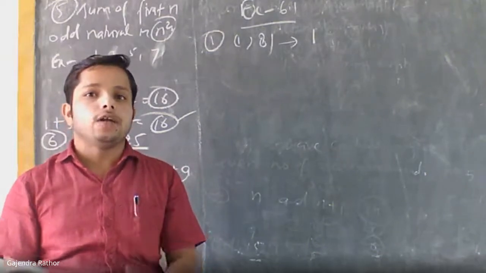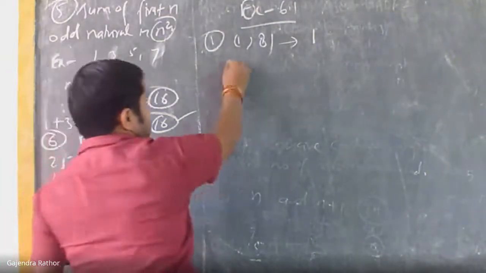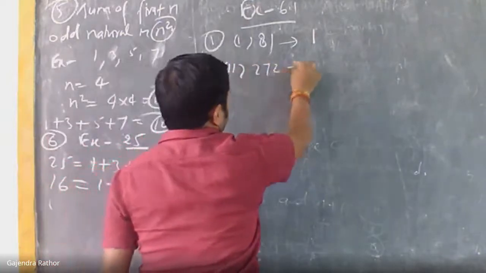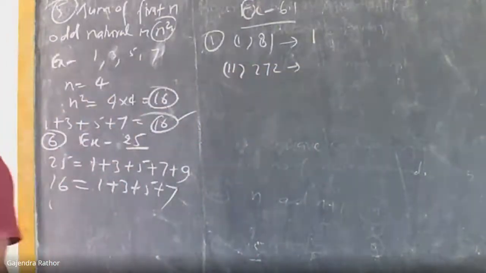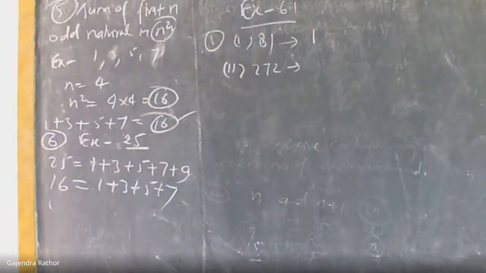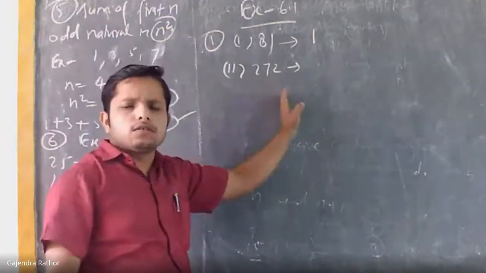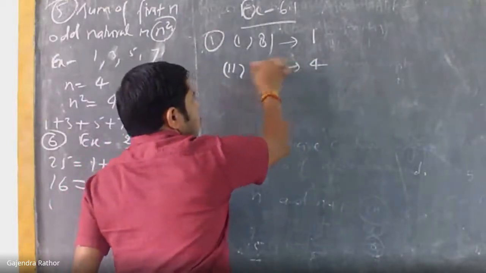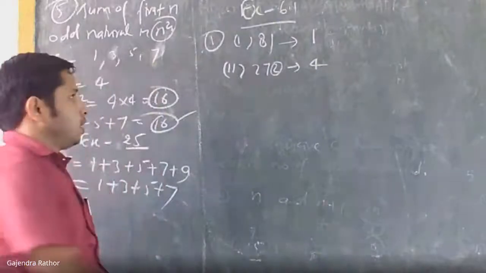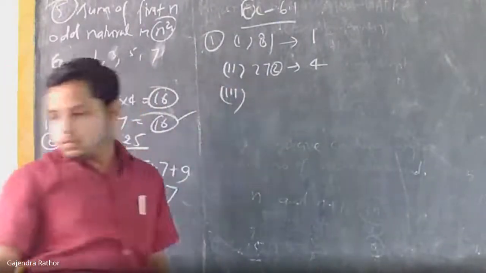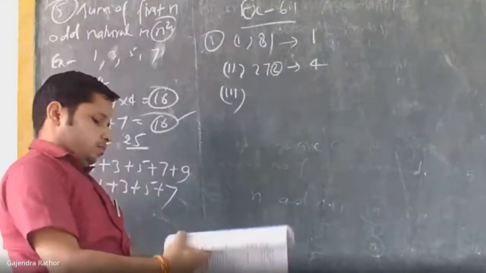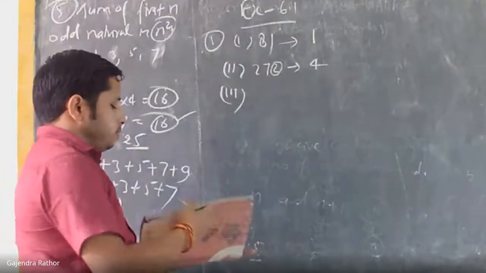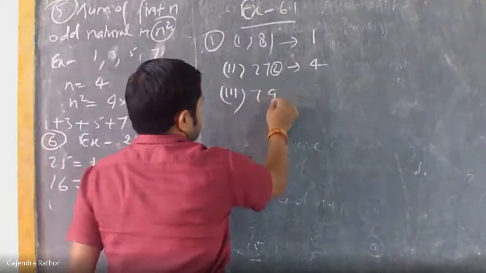Once again, listen carefully. The second is 272. What will be the unit digit? Please reply fast. 9 is the wrong answer, all of you. Very simple. We can solve easily. 2 times 2 is 4. We have to observe only the unit digit. Next is 799.